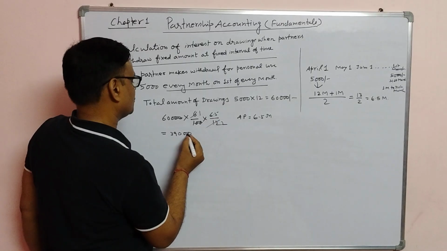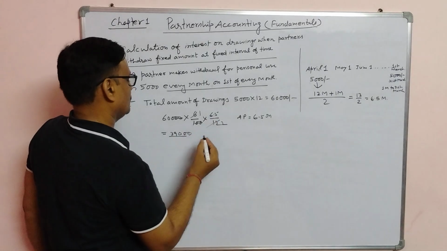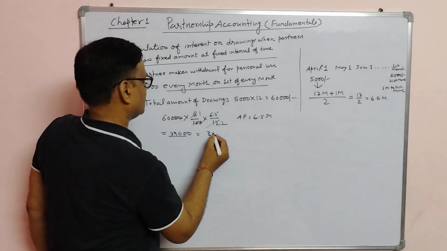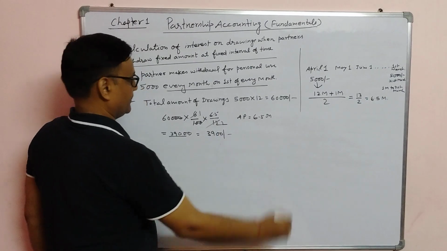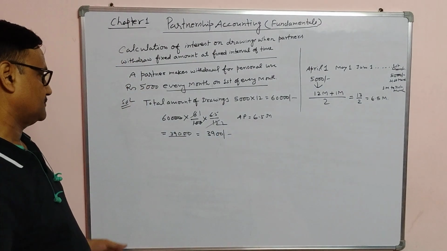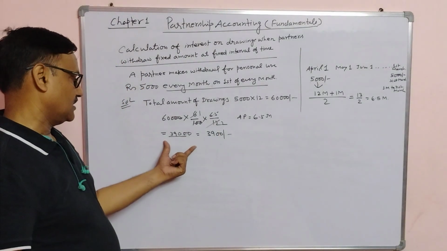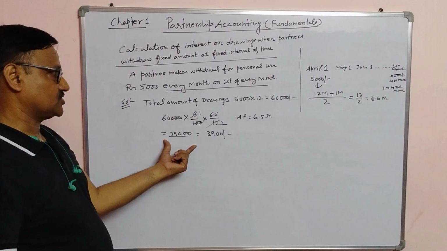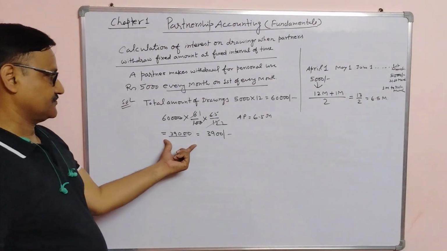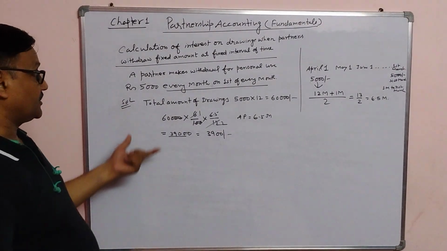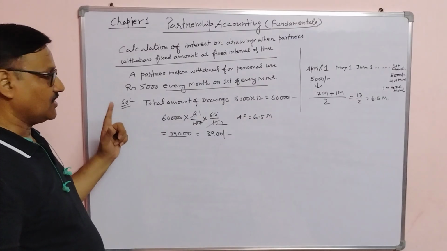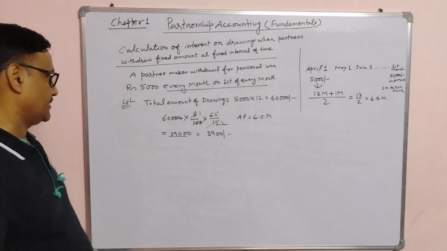But there is a decimal also, therefore this amount is 3,900. So this is the calculation of interest on drawing when withdrawal is made at the beginning of every month.